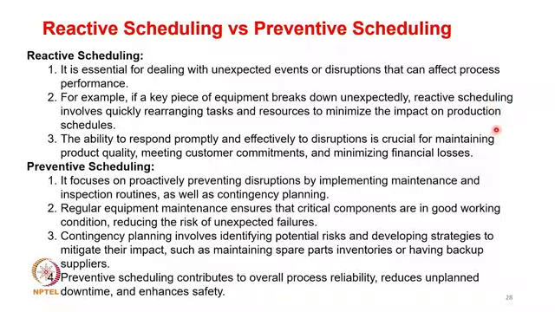For instance, a key equipment can break down. Reactive scheduling is all about quickly rearranging the tasks and resources to minimize the impact on the production schedule. The ability to respond promptly and effectively to this disruption is key, while maintaining the product quality, meeting the customer demands, and minimizing the financial losses.